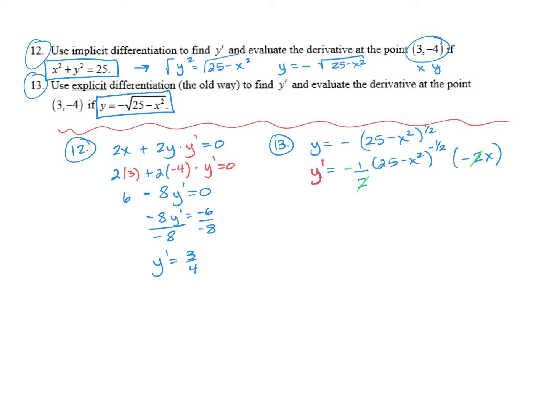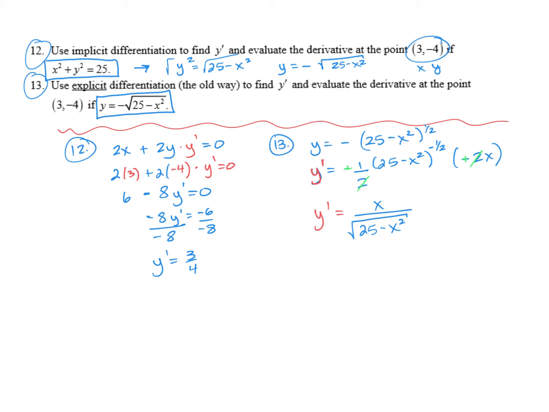Oh, and those 2 negatives right here will make a positive, so that makes my life a little easier. So y prime equals, this whole thing is going to move down, the x will stay up there, and on the bottom we'll have 25 minus x squared. You can write it to the 1/2, or you can use the square root.